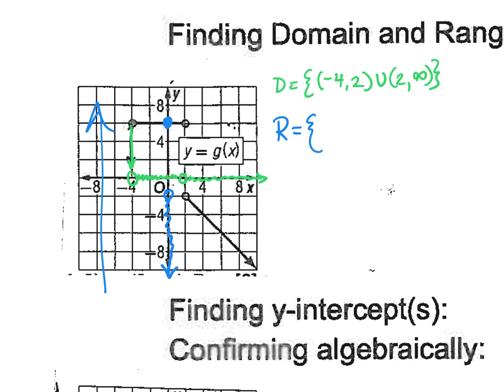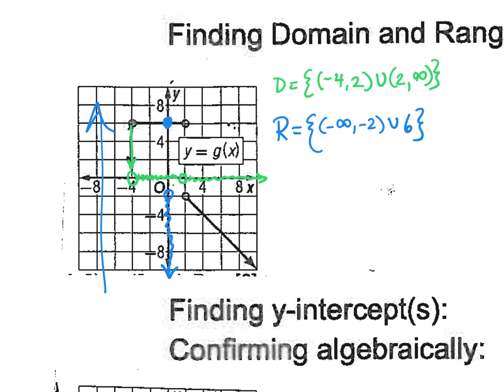From -infinity to where? Union of that with what? It's just one number, isn't it? So what is that number? Blows people's minds that you can do that, but you can. Okay?